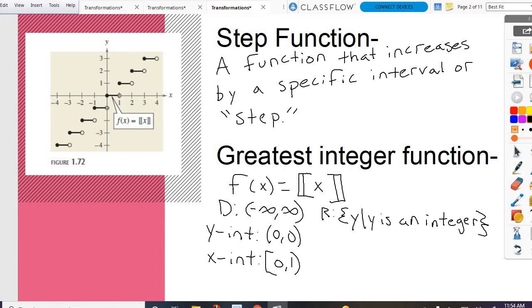Our greatest integer function is the greatest integer that is less than or equal to whatever you're plugging into the inside. We're going to look at an example of evaluating in just a second, and that's where that definition is going to be helpful.